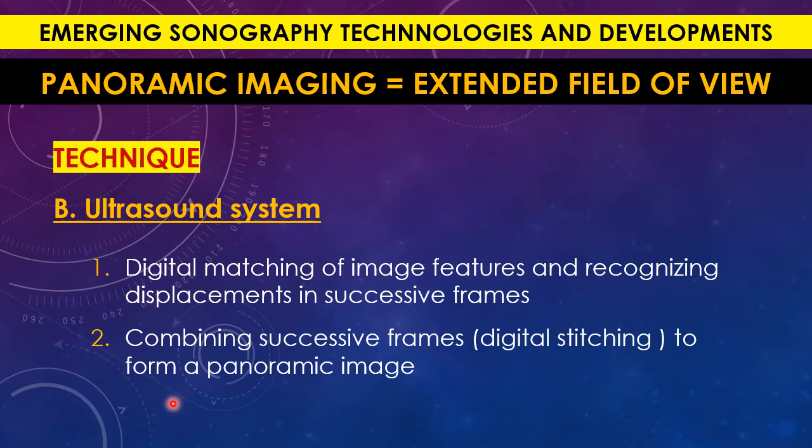These displacements are combined together in successive frames. The machine will put them in a way that they look as if it's one long area of scanning. So they call this digital stitching, as if these frames are next to each other, so they form one strip of image. And this is what we call panoramic imaging.